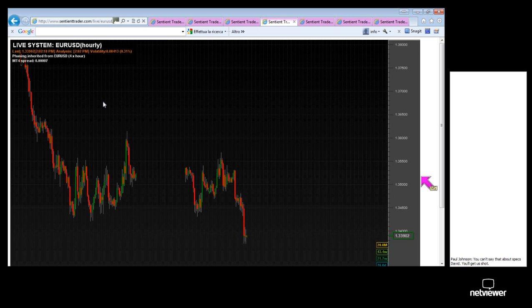As a matter of interest, the hourly chart, as you can see, the analysis there is 2:02 p.m. Why is it 2 minutes past the hour? Does that mean it spent 2 minutes analyzing the hourly chart? No, it doesn't. Sentient Trader intraday controls the analysis of all of the charts, and when an hour ticks over, there are several charts to be analyzed.